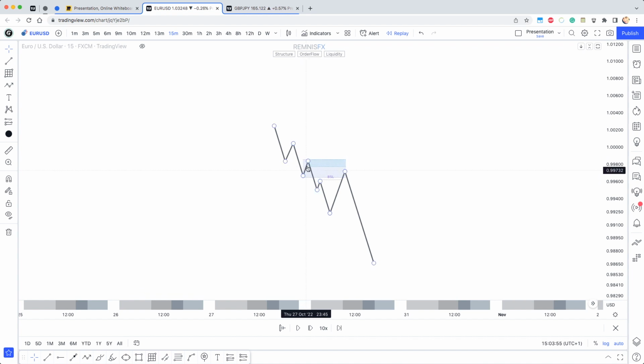Your last bullish momentum before the market or price broke your previous low and continued the bearish momentum. So if this happens, most people see this as a break of structure, and they look for refined order blocks or points of interest, however you want to call it. And they do the same here.